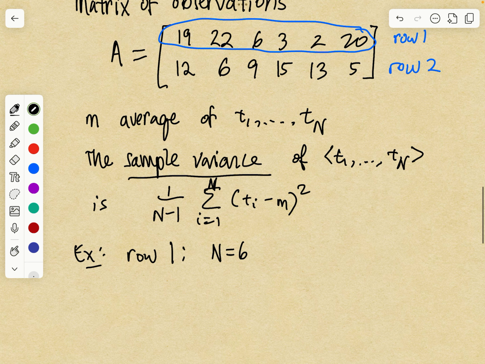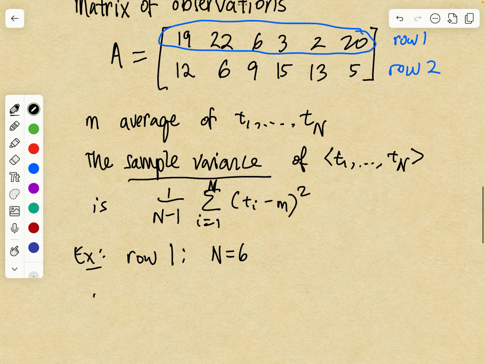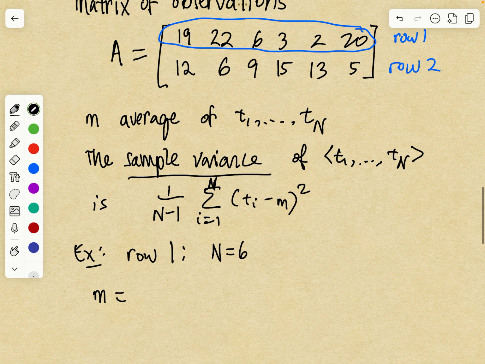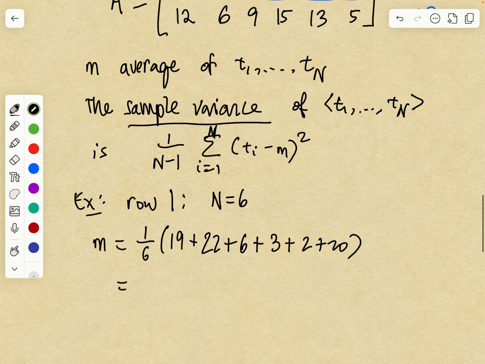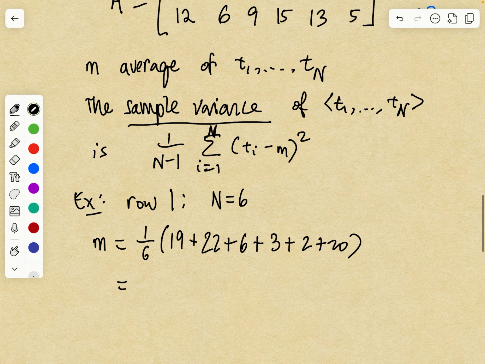So first let's find the mean, m. That's 1 over 6 times 19 plus 22 plus 6 plus 3 plus 2 plus 20. That's equal to, let's see, 41, 47, 50, 72 over 6 is 12.